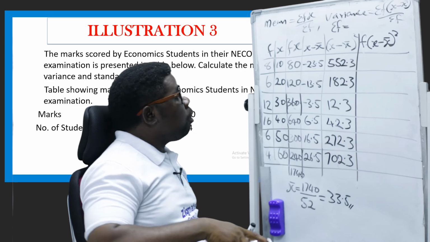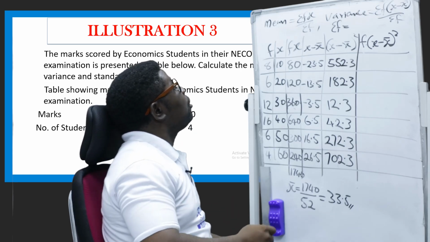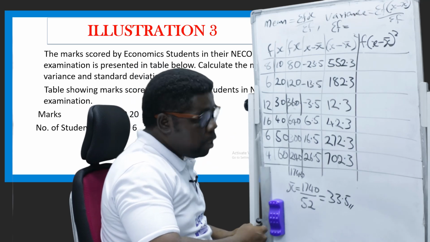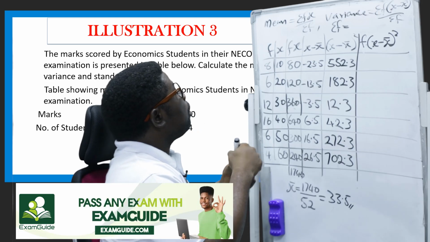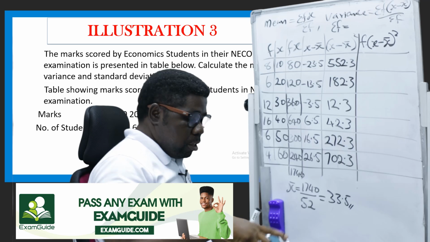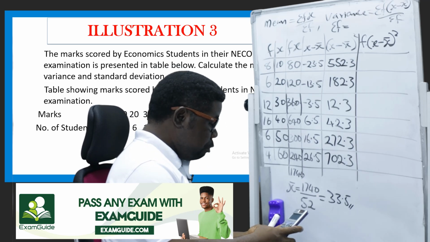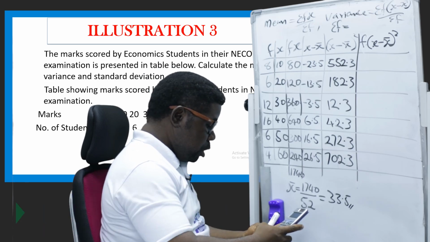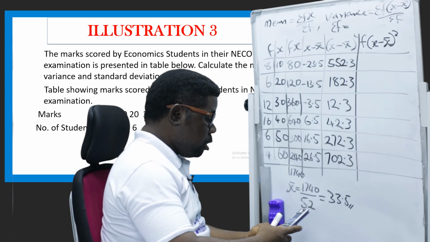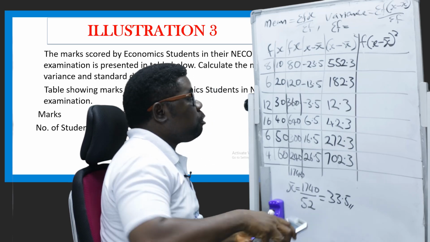This we have done. We now multiply each by frequency. So that's what we're doing. By frequency. So we do this times 8, to give us what we're looking for. We have 552.3 times 8. Our value is 4418.4.